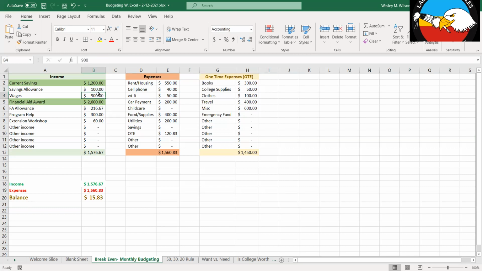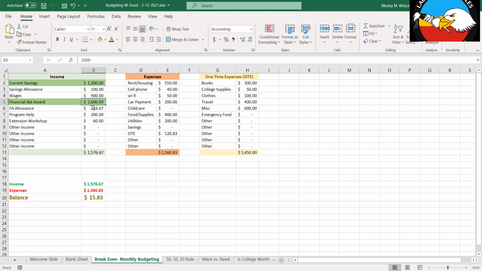The wages would just be, how much money am I making throughout the week? I put about 900. That's just because work-based learning ends up doing roughly $800 for the month, and sometimes it can be a little more, a little less, but that's typically where we're at. Financial aid award, again, if I'm getting a big refund back and I want to be smart about how I'm going to use this money, you can do the same formula.